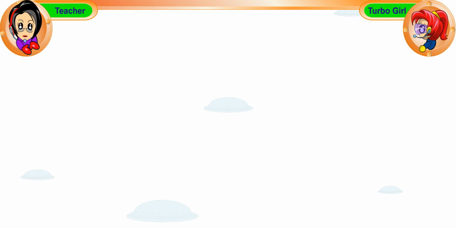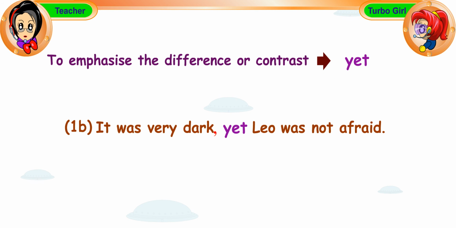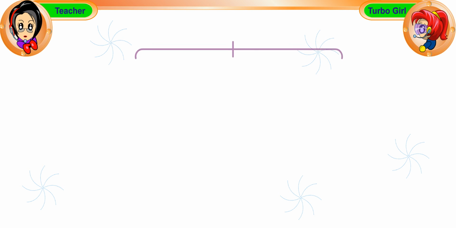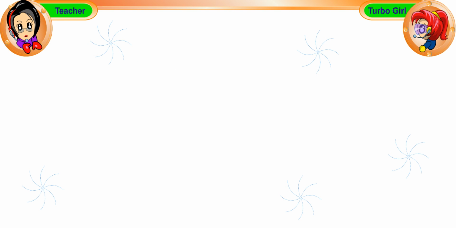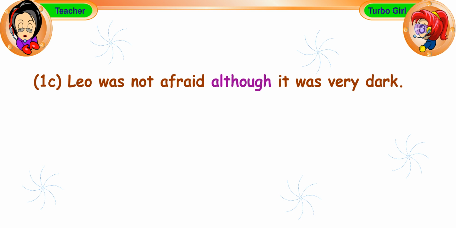To emphasize the difference or contrast, we can use the word yet instead of but. 1b. It was very dark, yet Leo was not afraid. Let's now look at the words although, though, and even though. We can join the sentences in the following way. 1c.